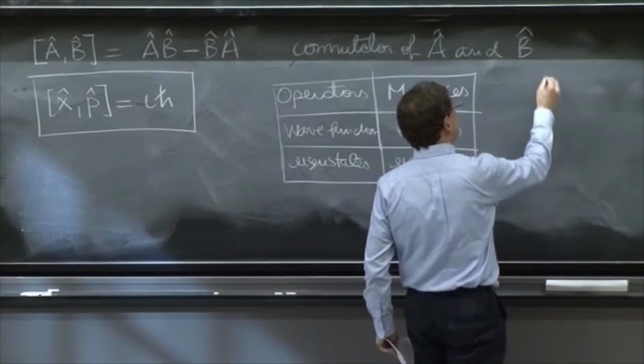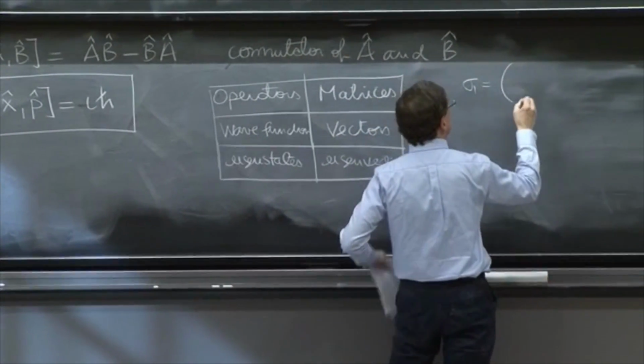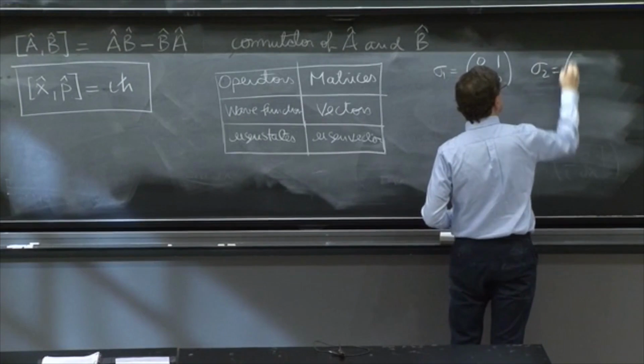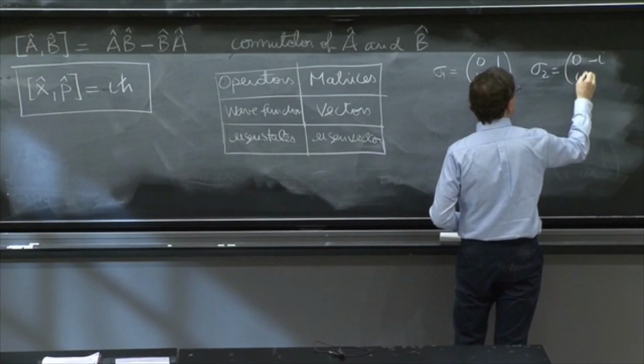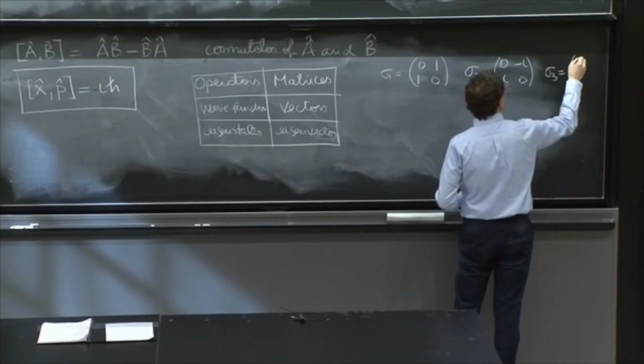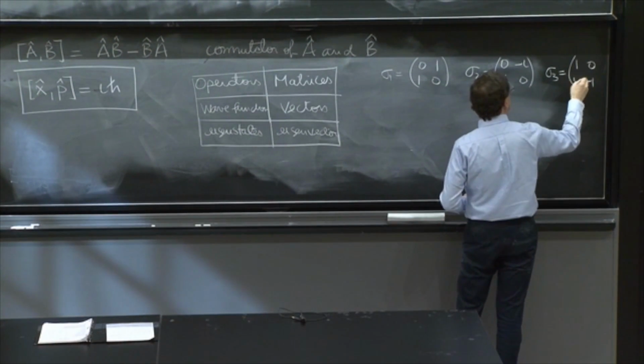There's the Pauli matrices. Sigma 1 is equal to 0, 1, 1, 0. Sigma 2 is 0, minus i, i, 0. And sigma 3 is 1, 0, 0, minus 1.